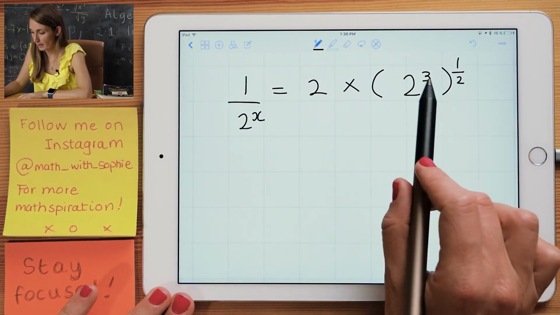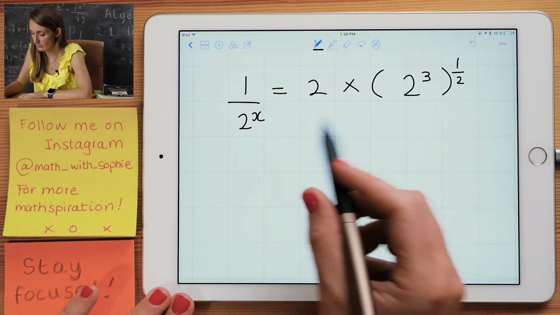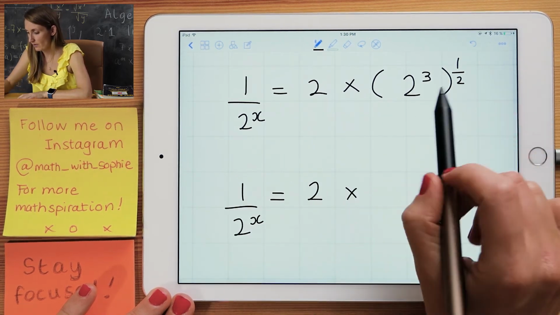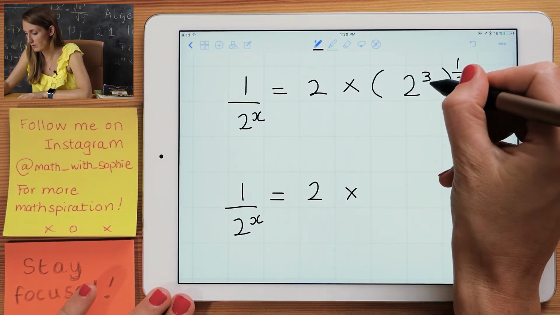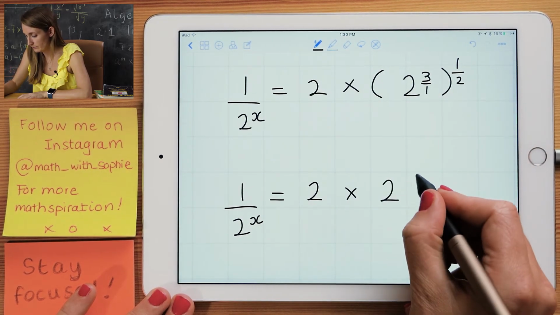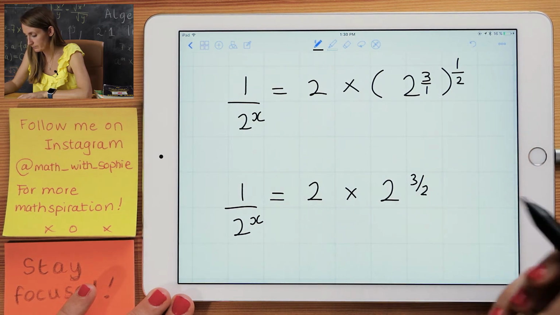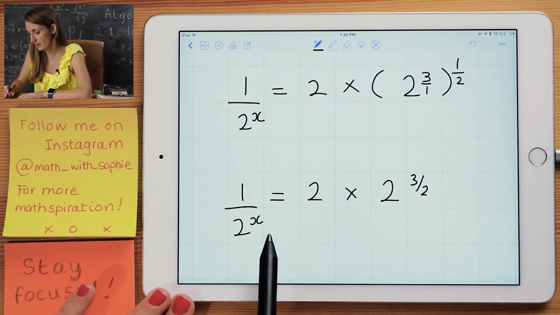To remove the bracket, you always multiply the inside number and the outside number. If I multiply 3 times a half, imagine there's a 1 there. So 3 times 1 is 3, and 1 times 2 is 2. Now, we talked about this previously.